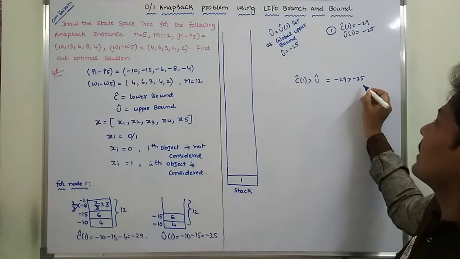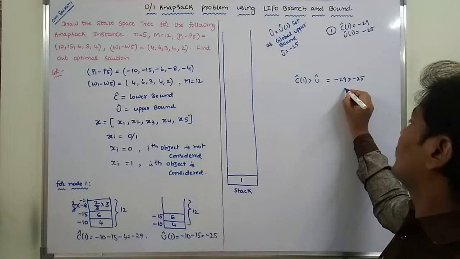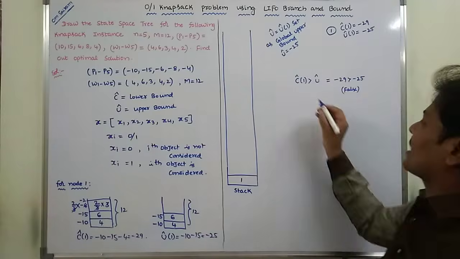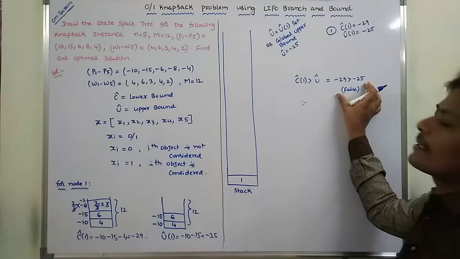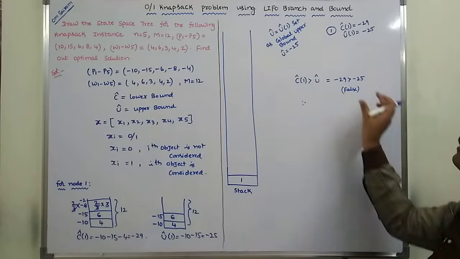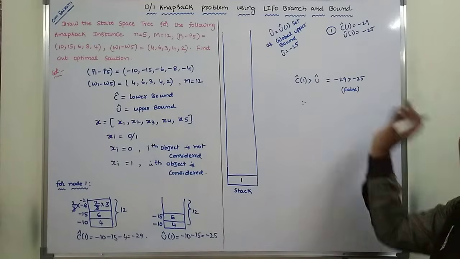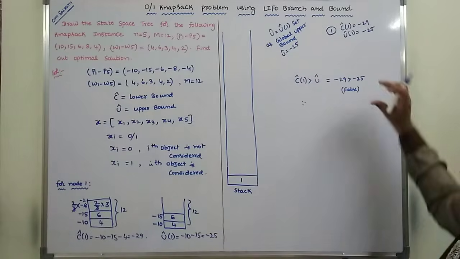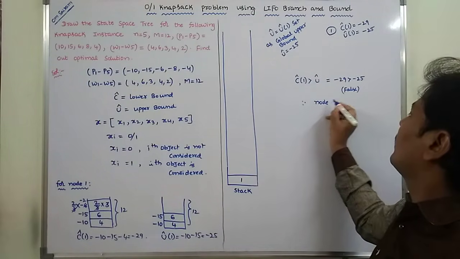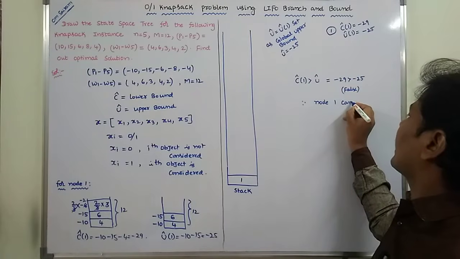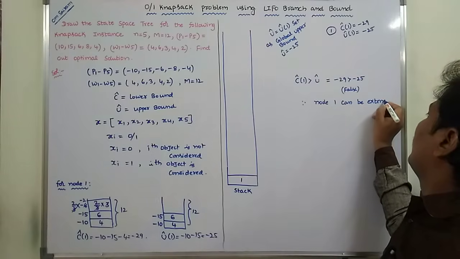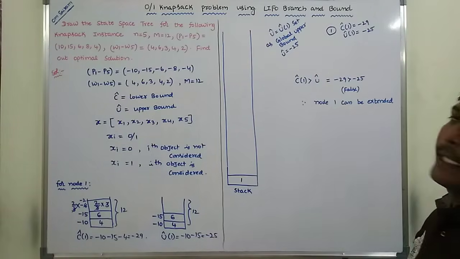Minus 29 greater than minus 25. So this is false. So therefore node 1 can be extended. Whenever this condition is false, node 1 can be extended. Whenever this condition is true, node 1 is killed. But here the condition is false. Therefore node 1 can be extended.